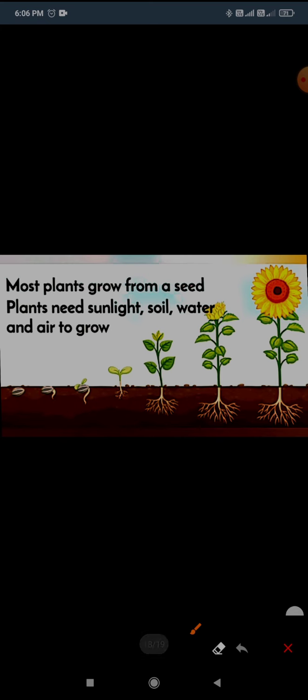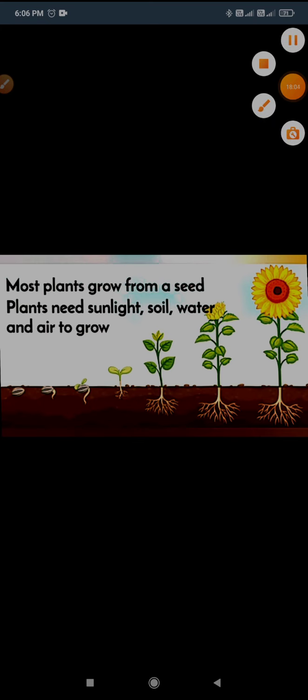Okay, most plants grow from a seed. Plants need sunlight, soil, water, air to grow. These are all the essential things for photosynthesis. Okay, with the help of this chlorophyll, leaf traps this sun rays, and air from atmosphere, water and mineral from soil.